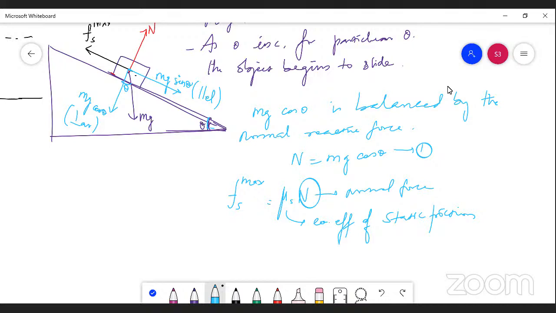Fs maximum is the static friction value, which is maximum. So let me take this equation as equation number 2.